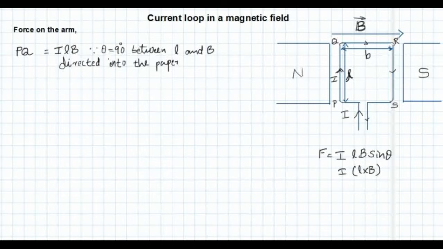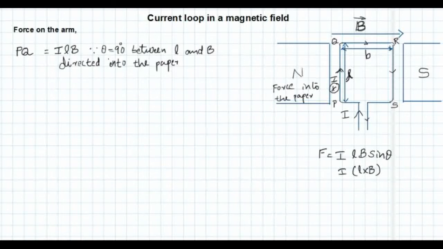Then you can see that your thumb is pointing into the paper or into the screen, right? So the direction of the force ILB will be into the paper. On the arm PQ, there is a force F is equal to ILB, which is directed into the plane of the paper.